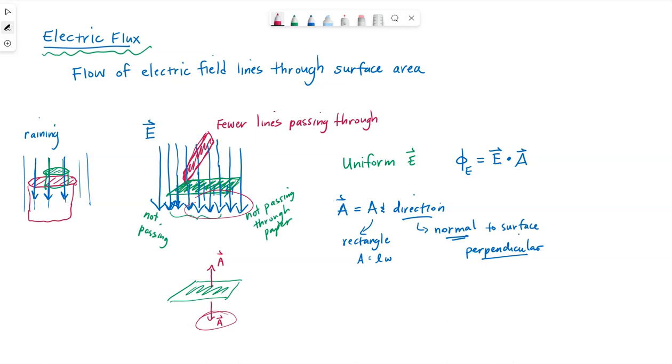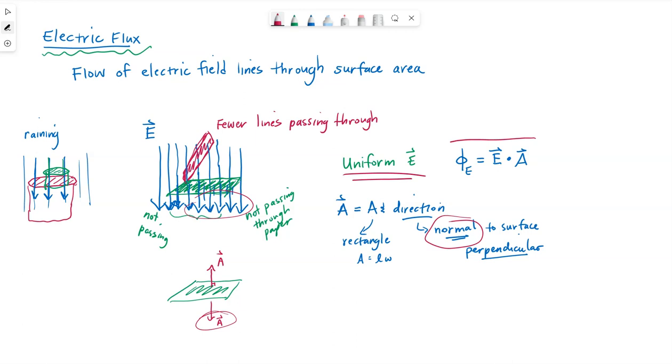But ultimately, there's no way to determine which one of them's not correct, is what I'm trying to say. But as long as we're talking about the normal vector specifically, this area vector must make a right angle with the surface area.